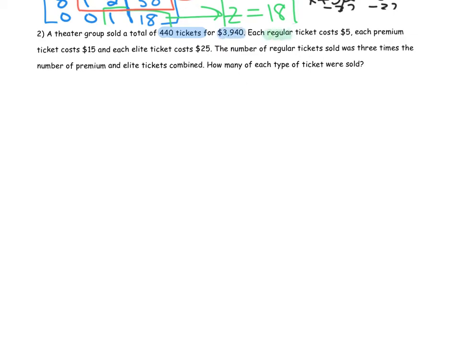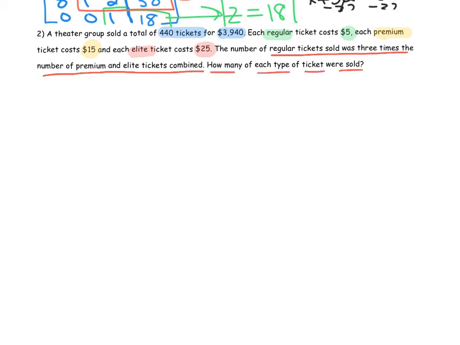Each regular ticket was $5, the premium was $15, and the elite was $25. The number of regular tickets sold was 3 times the amount of premium and elite tickets combined. How many of each type?